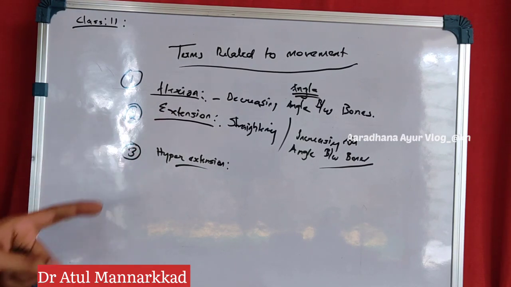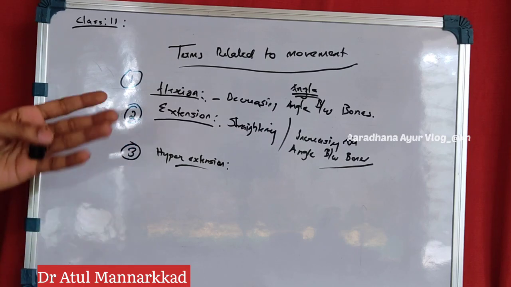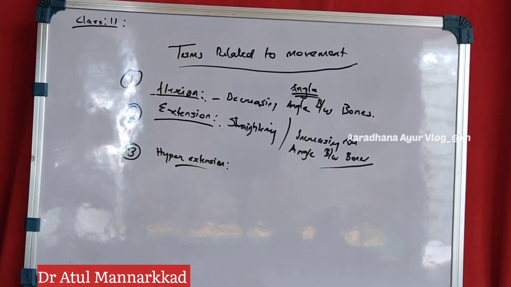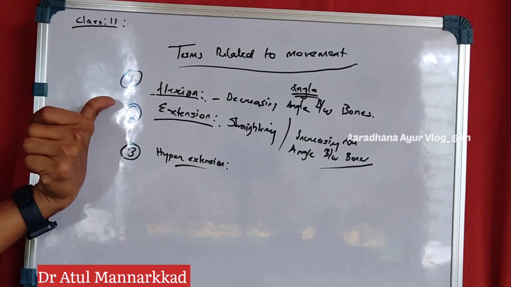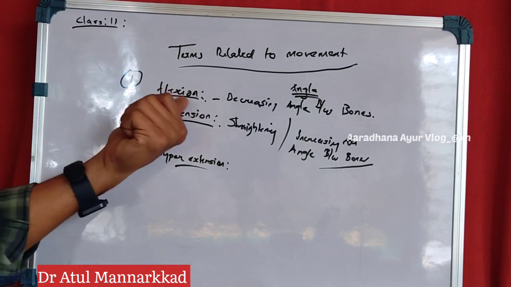Extension of the elbow joint, extension of the wrist joint, between the two bones. Same in case of flexion of the wrist. So extending or increasing the angle is extension, decreasing the angle is flexion.